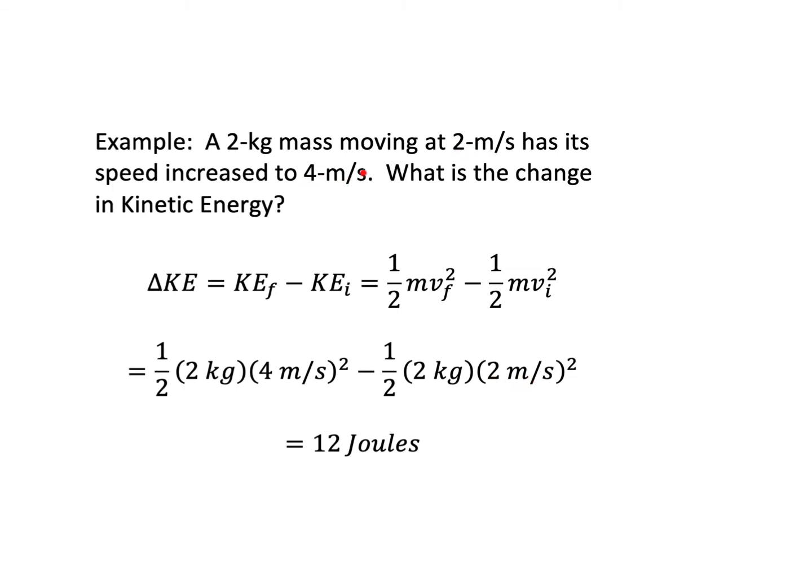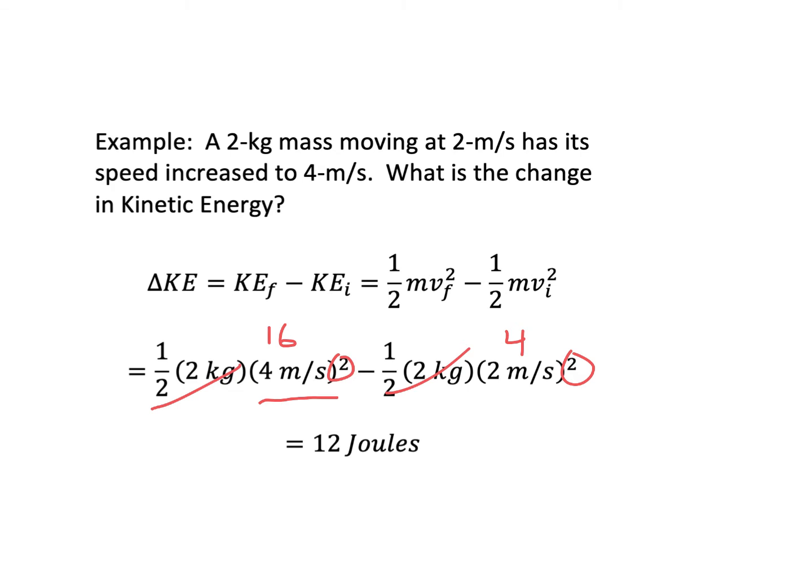The 4 meters per second is the final velocity, that goes there. Don't forget to square them. So 1/2 times 2, those guys are going to cancel, and the 1/2 times 2 are going to cancel there. Here, I've got 4 meters per second squared, so that's going to give me 16. Here I've got 2, that's going to give me 4 when I square it. And so don't forget to square those terms.